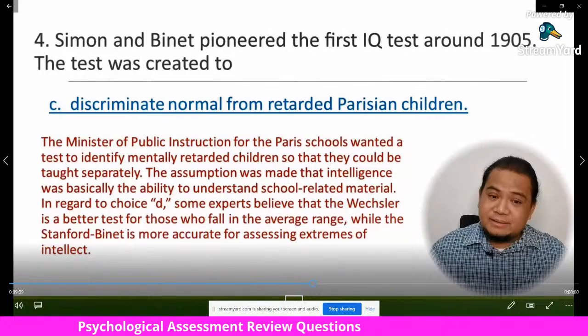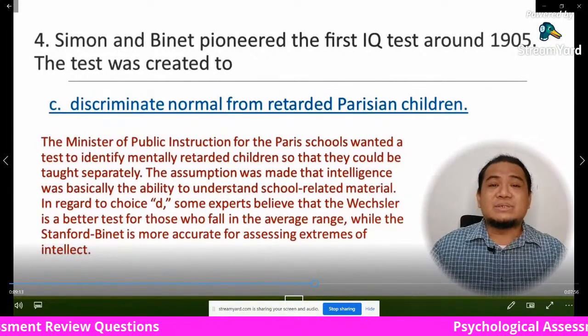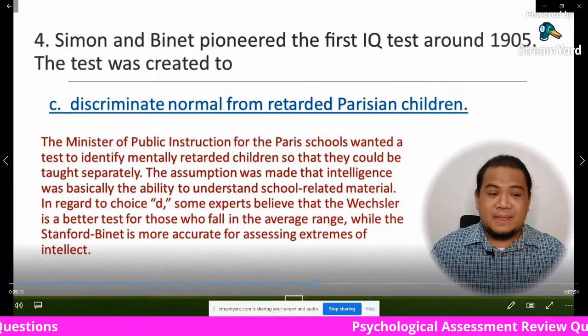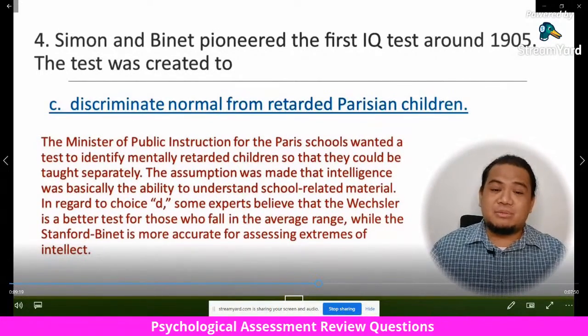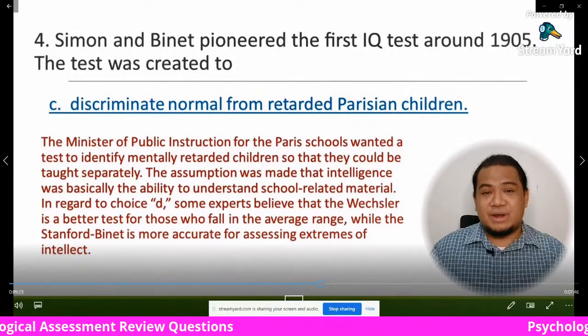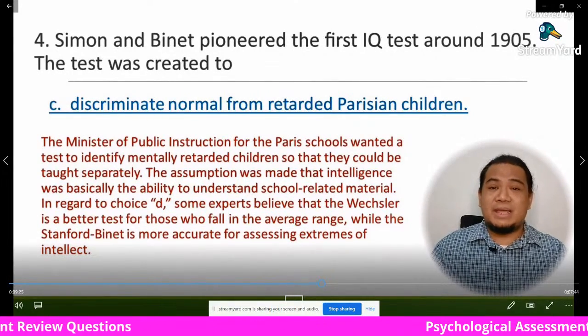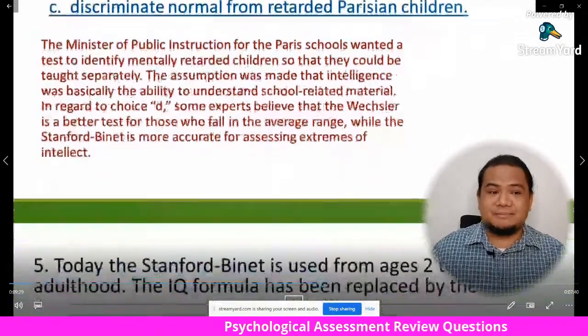The assumption was made that intelligence was basically the ability to understand school-related material. In this regard, for choice D, some experts believe that Wechsler's is a better test for those who fall in the average range, while the Stanford-Binet is more accurate for assessing extremes of intellect.